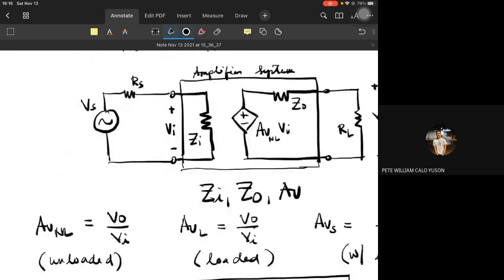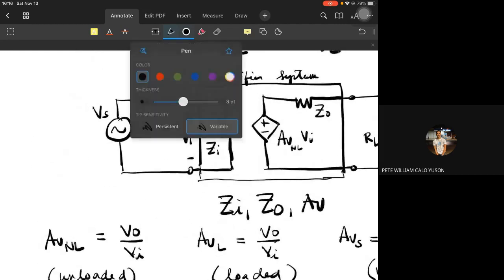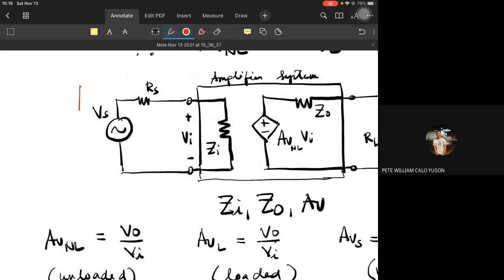Here, again, this time focus your attention on this part of the system, which is also a voltage divider, right? So we can compute this value for what? VI.